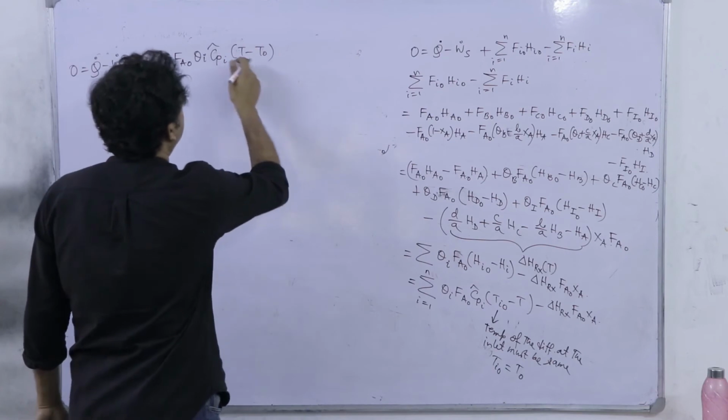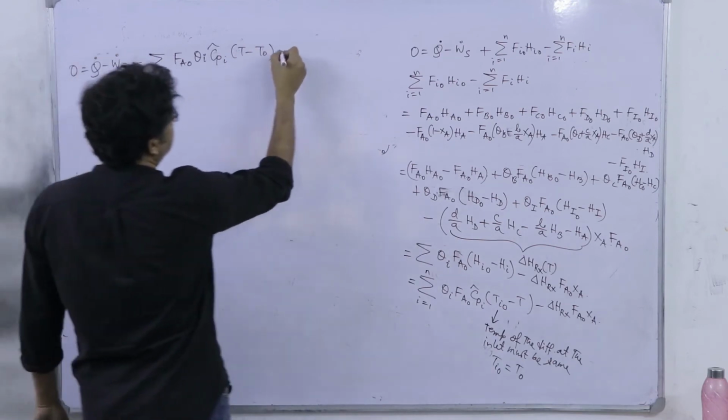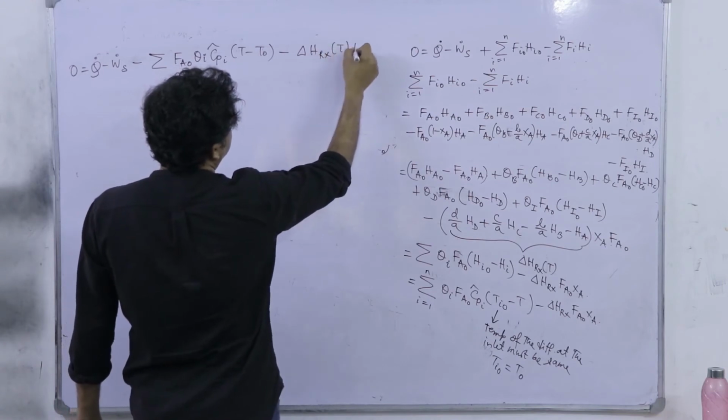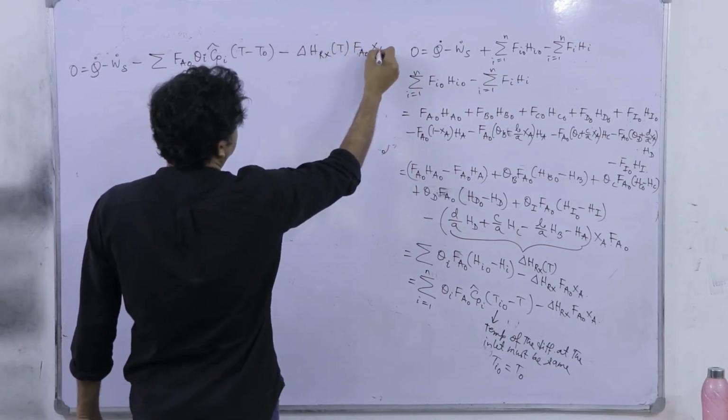If we change the sign, it is (T minus T naught) minus delta H Rx at T into Fa naught into Xa.